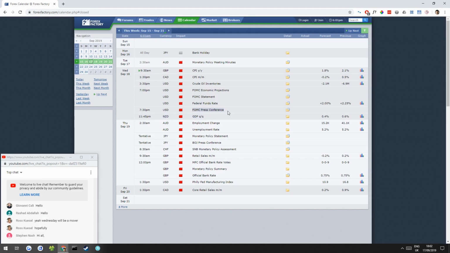Of course, the press conference that follows the rate statement can also have an impact. From around 6:30 to 8 p.m., maybe even 8:30 p.m., I'd be pretty careful about entering trades. And if I'm in any trades, I'd be careful about how I manage them. That could mean tightening stop losses, etc.